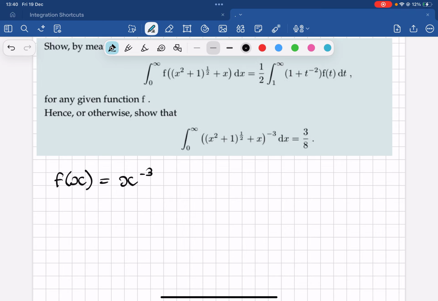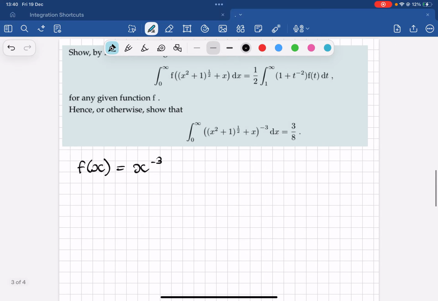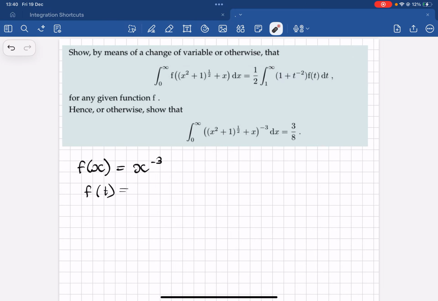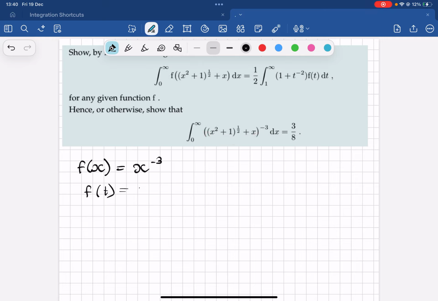So if we say f of t equals, where t equals all of this, f of t equals t to the minus 3.